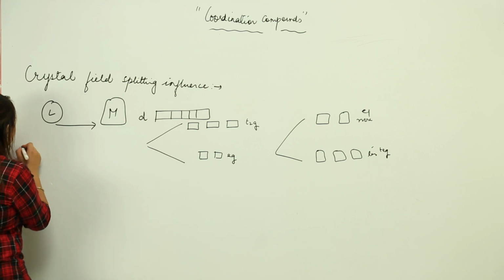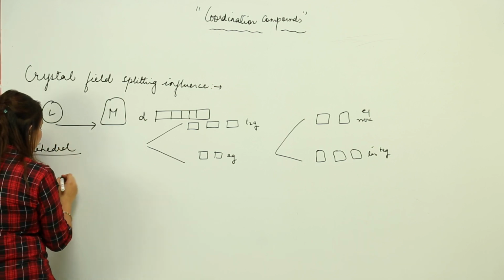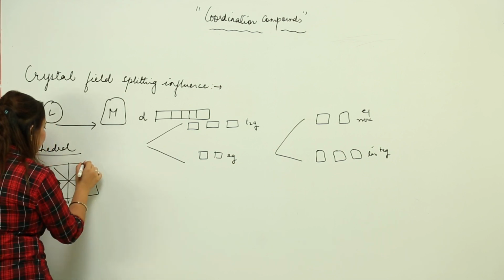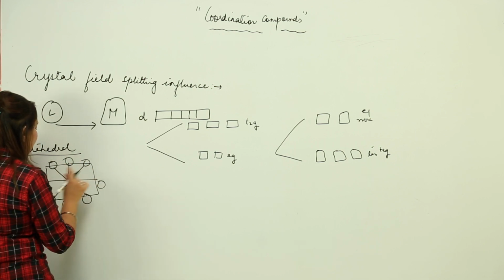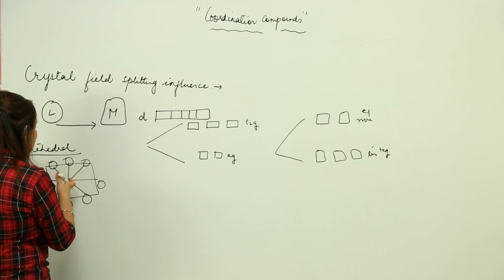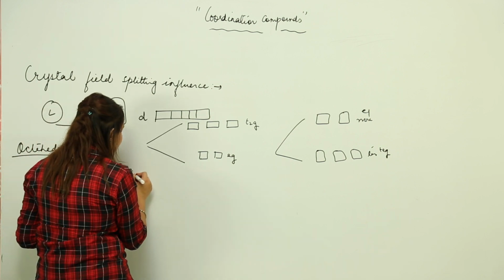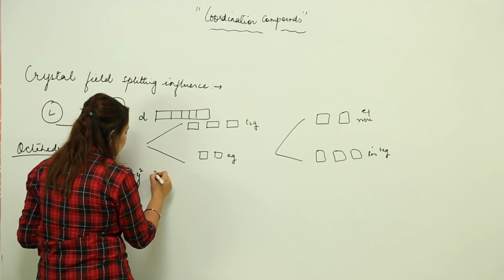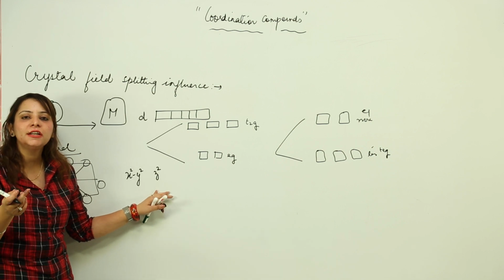Now if we talk about the octahedral complex, we know that in octahedral the shape is something like that, right. Here the ligand can enter from this place, this place, this place. So that means there can be 6 entries actually. It can enter from any axis. As we have seen, mostly it enters from the x square minus y square side and the z square side. So it is going to enter through the axis.